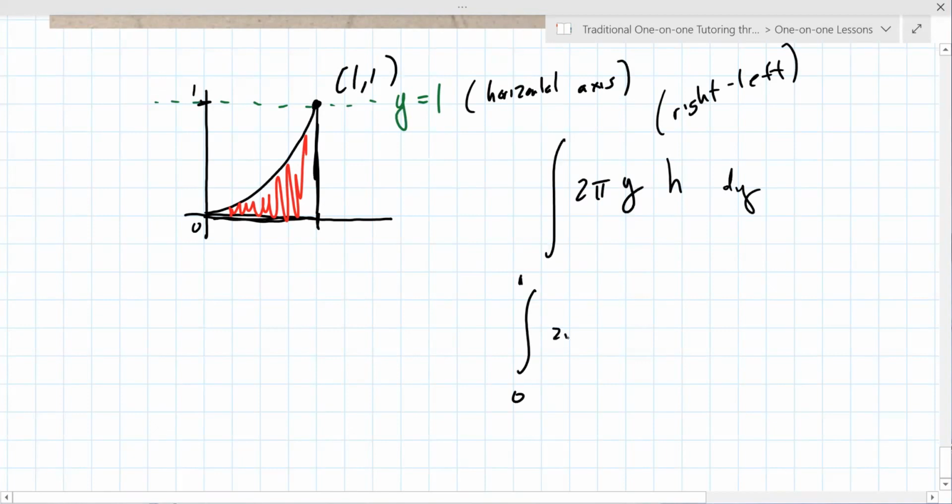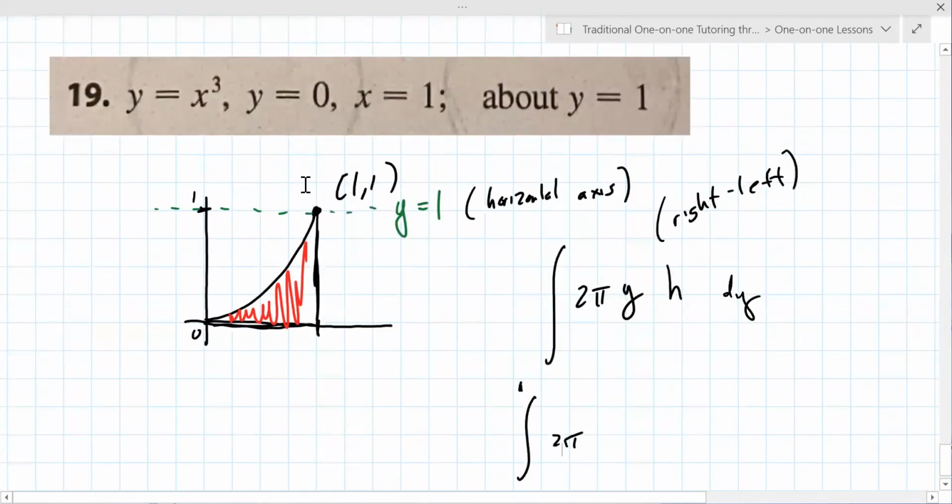Now it's not y, because you're not revolving around the x-axis. It's 1 minus y, because the distance to this line changes, and sometimes you have to check the endpoints. It's either y minus 1 or 1 minus y. So which one is it?